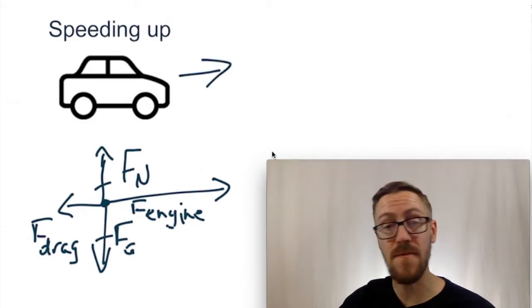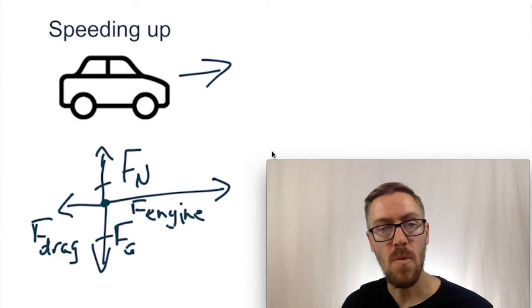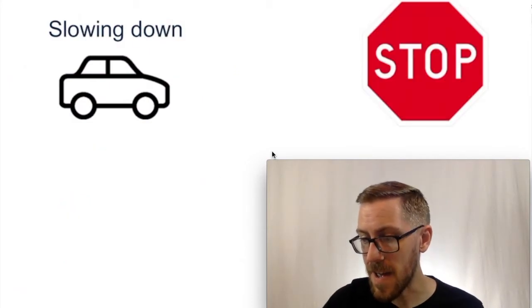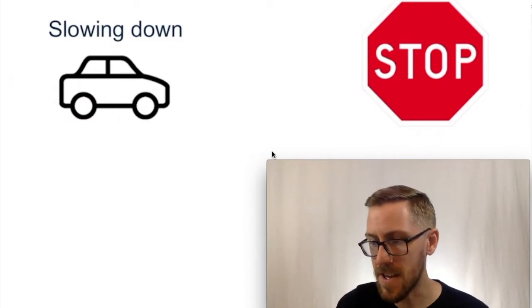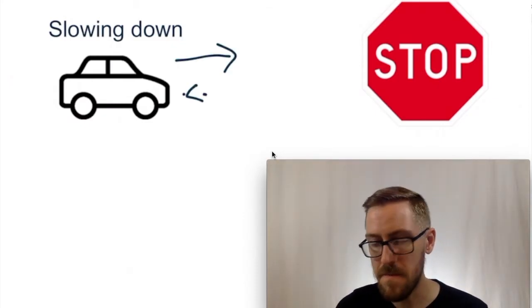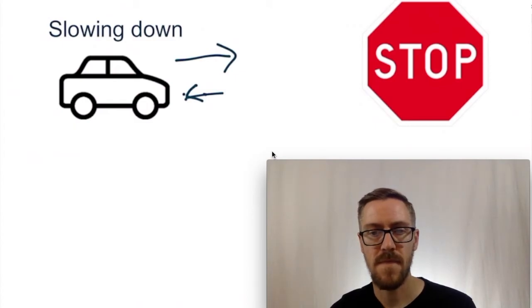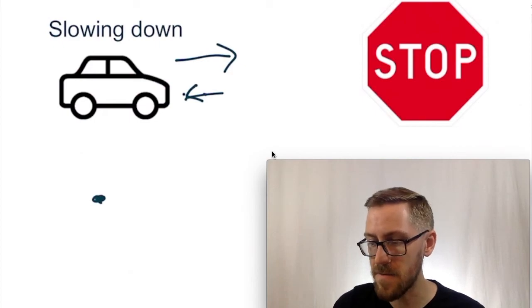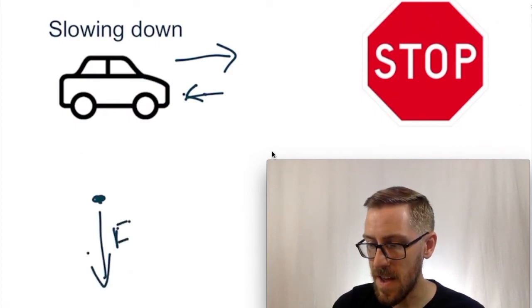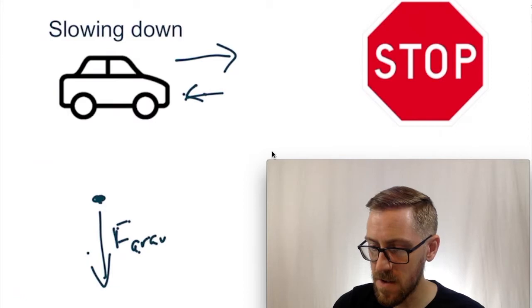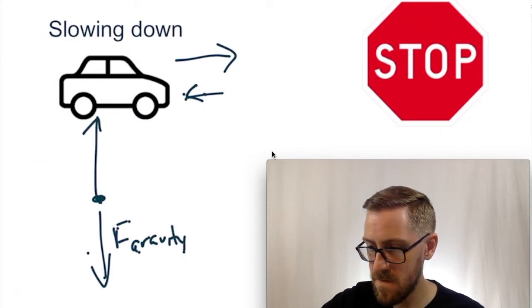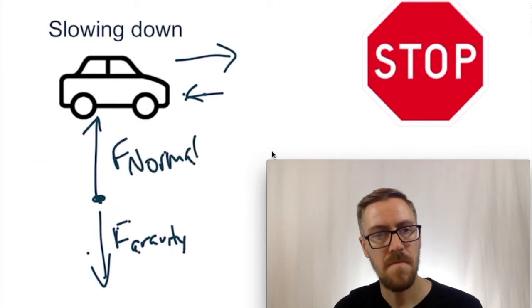Now let's talk about another confusing kind of example, which is slowing down. Because this car is still going this way, but its speed is going to be changing that way. So go back to our force diagram, draw our same arrows that we always have, which is F gravity, and normal force.